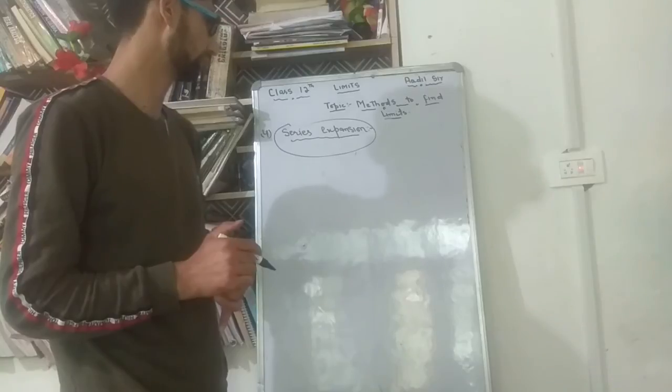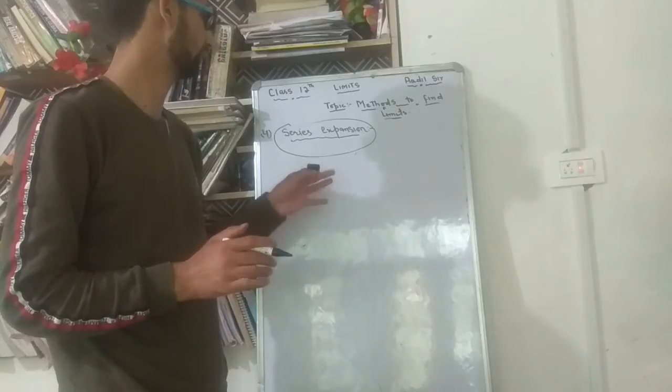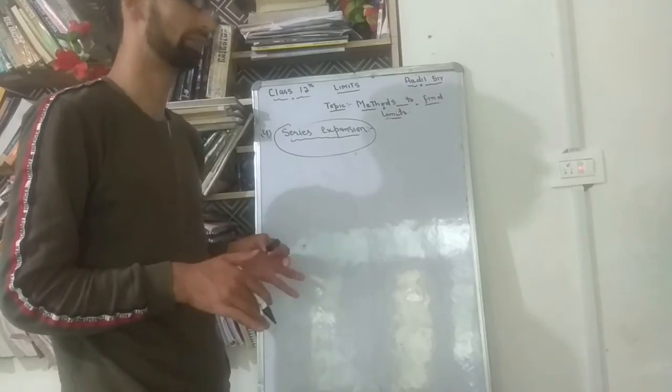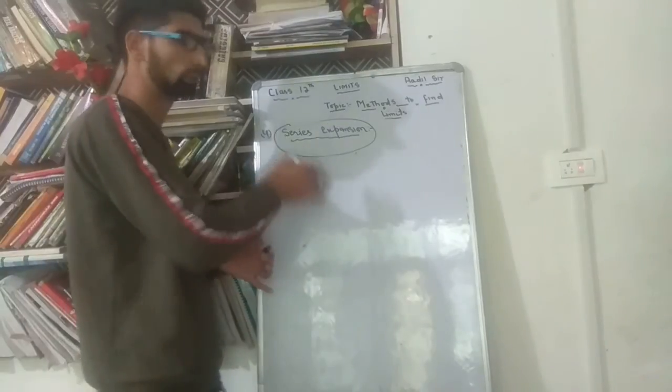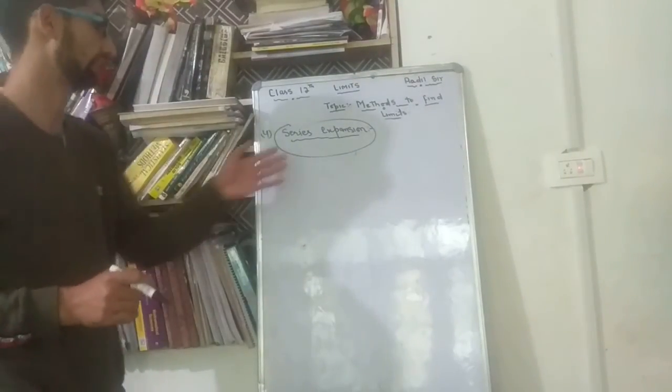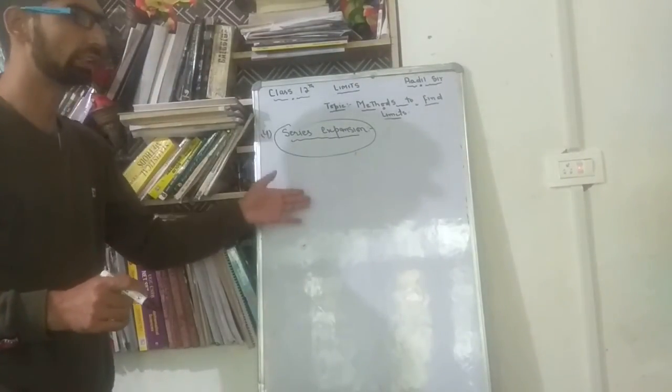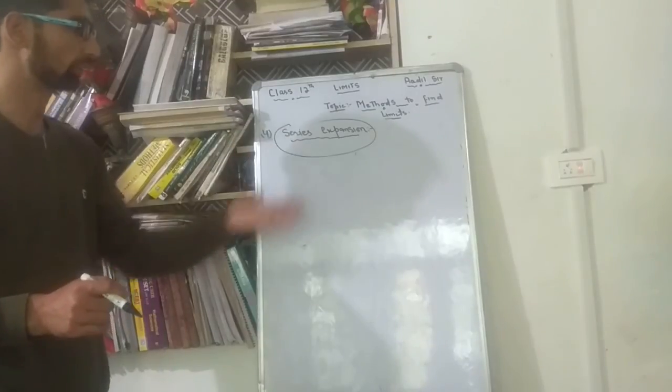So you cannot apply this method every time. You can leave this method, but I am going to illustrate it here. I am going to write the steps that you have to follow in this method.